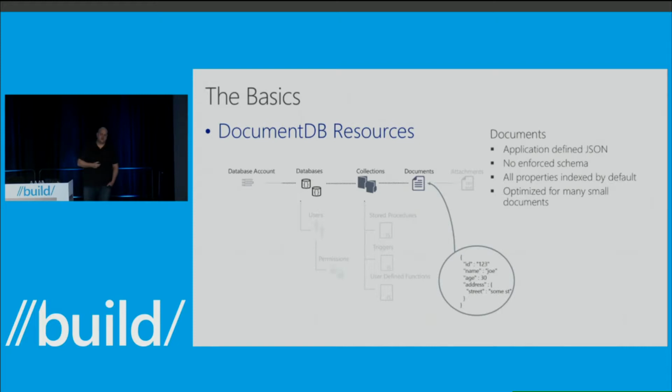And then you get the notion of documents. Okay, now documents is mostly what you're gonna work with. That's your document, it goes into a collection, all right? No enforced schema, okay, so you can put any kind of document you like into one collection. And we are optimized for smaller documents rather than larger documents, okay?